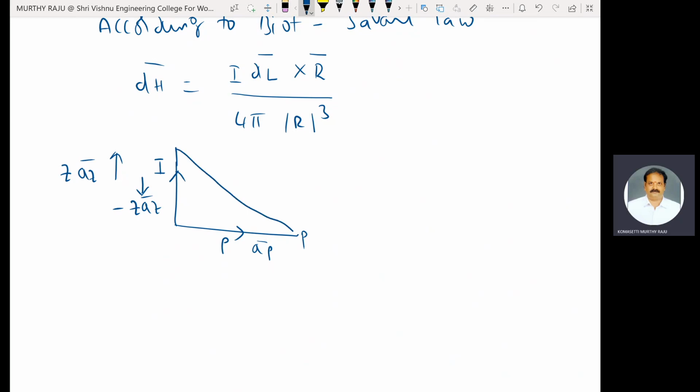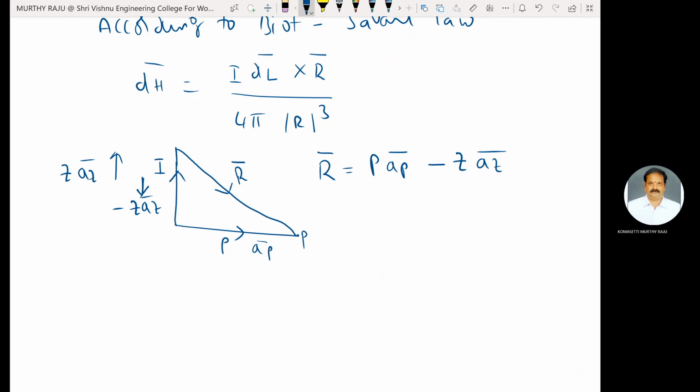This one is R, this one is R dash vector. Therefore, according to vector addition, R dash is equal to rho a rho minus z a z bar.